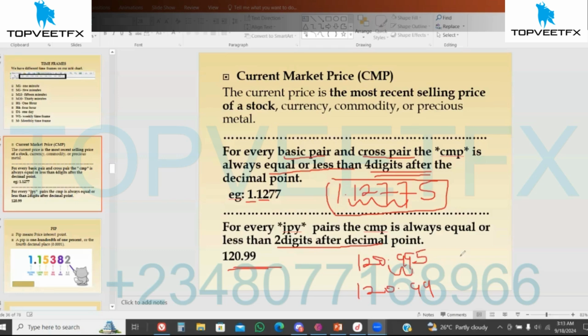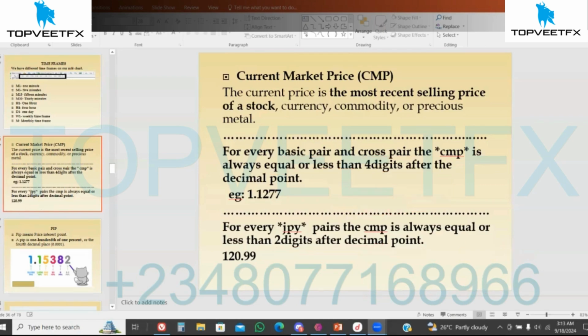Sometimes they might give us 24.118. So the current market price is 2 digits after the decimal point for JPY pairs, which is going to be 24.11.